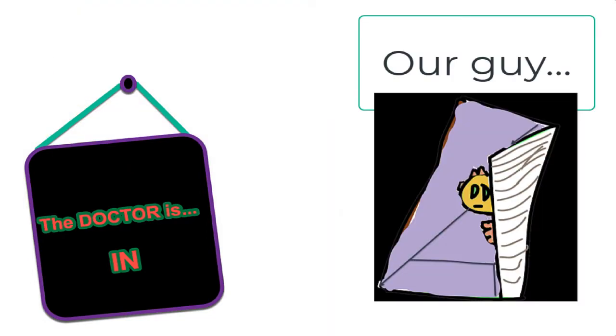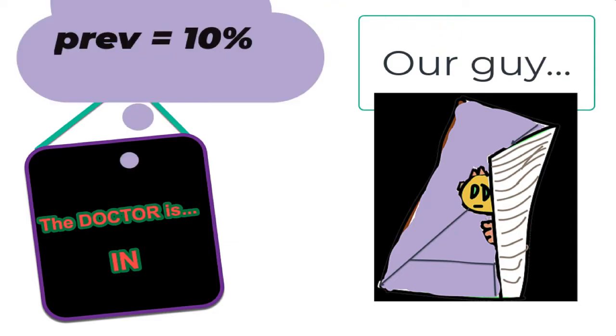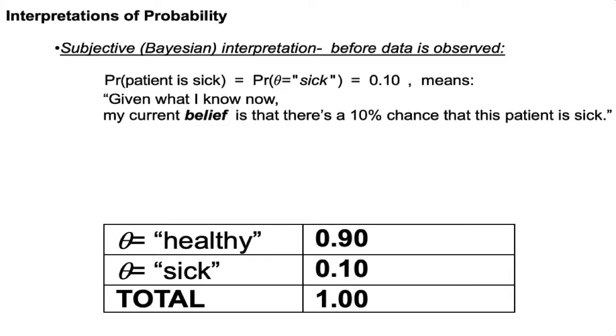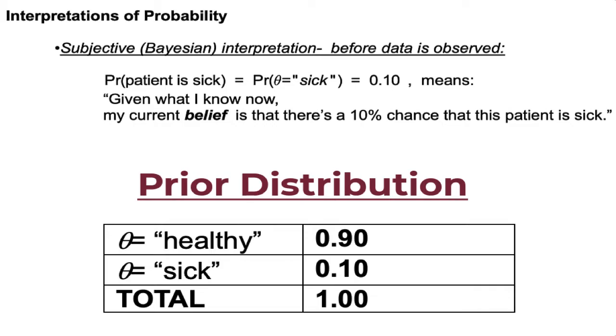But our guy has a prevalence of 10% probability of sick. Right here. Together with the probability of healthy, it constitutes the prior distribution of theta. Prior means prior to knowing the data, the test outcome X. So we get a big boost in understanding if we also know the prevalence.